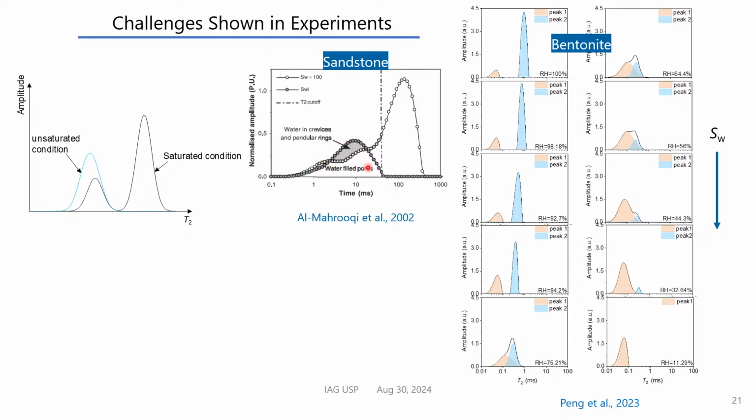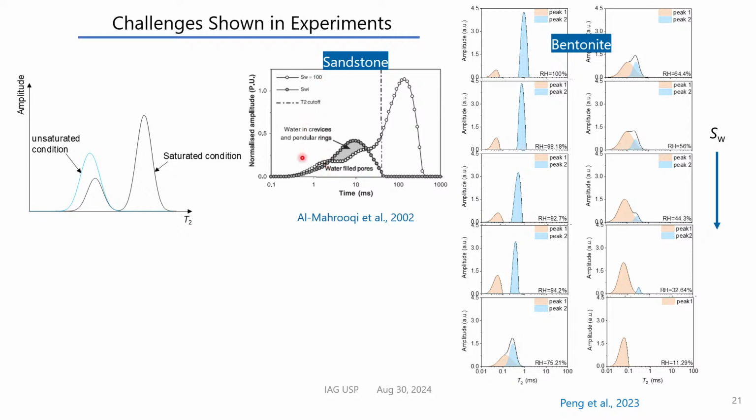This is a small pore filled with water in unsaturated condition, and this curve here at the bottom is a saturated condition. So literally, this interpretation means the small pore can have more water when it's in the unsaturated condition, which is counterintuitive.